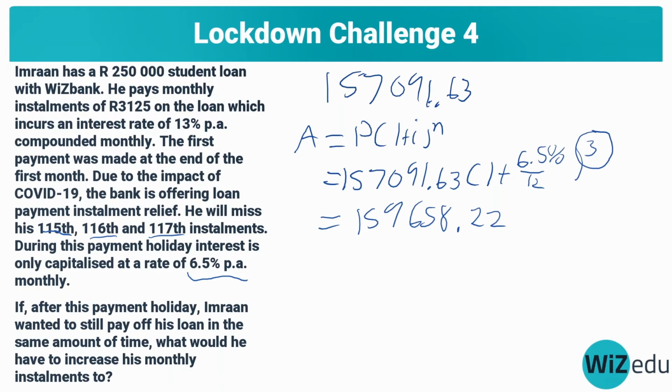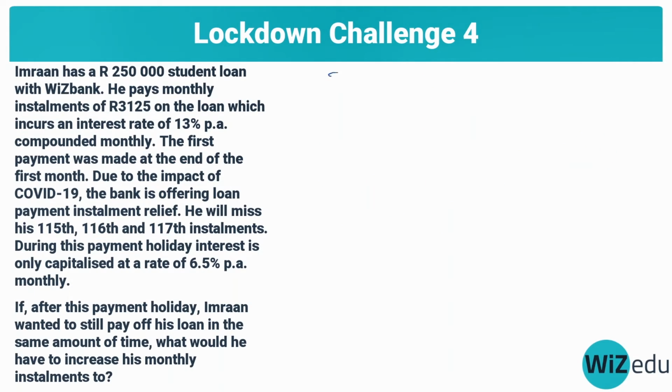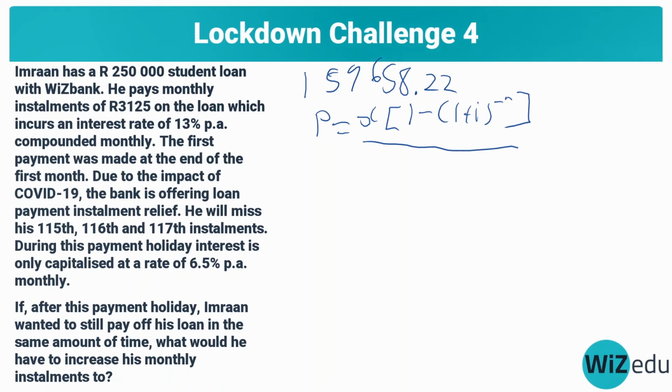So now we go on to the final bit of our question, which is going to be to calculate the new installment on the loan in order to pay it off in the same time period or the same number of months. So we can use our present value formula to calculate this. That's 1 plus I to the negative n all over I. And now our present value is the answer that we calculated, that we used our two methods to calculate.